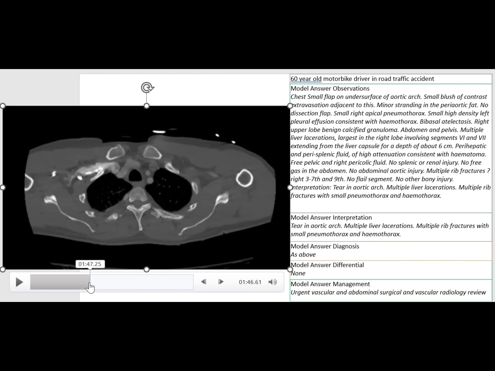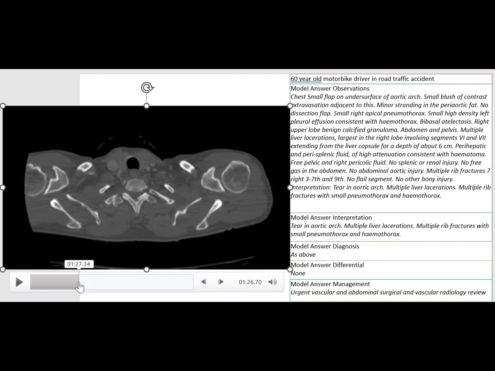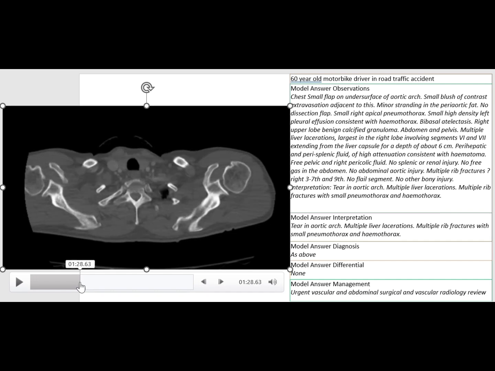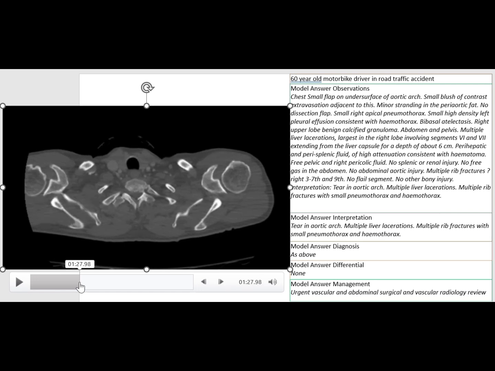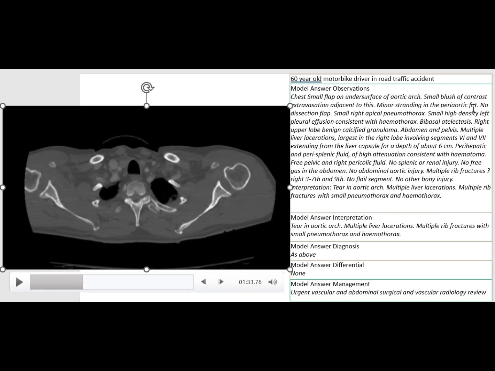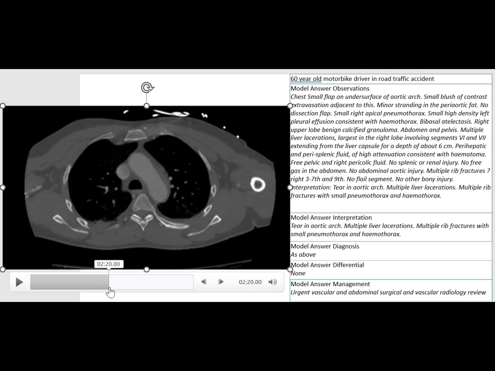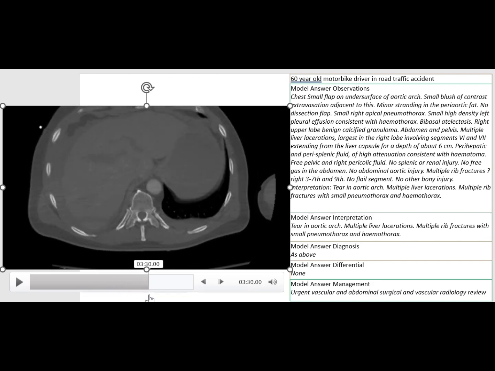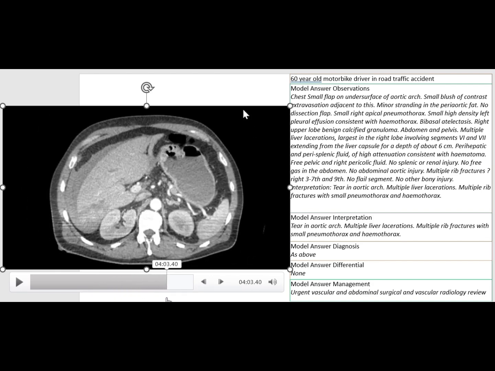Okay, so the rib fractures is the cause of the lung injury in the form of pneumothorax and bilateral hemothorax. This patient also has multiple liver lacerations. Okay, so this is the interpretation and this is also the diagnosis.